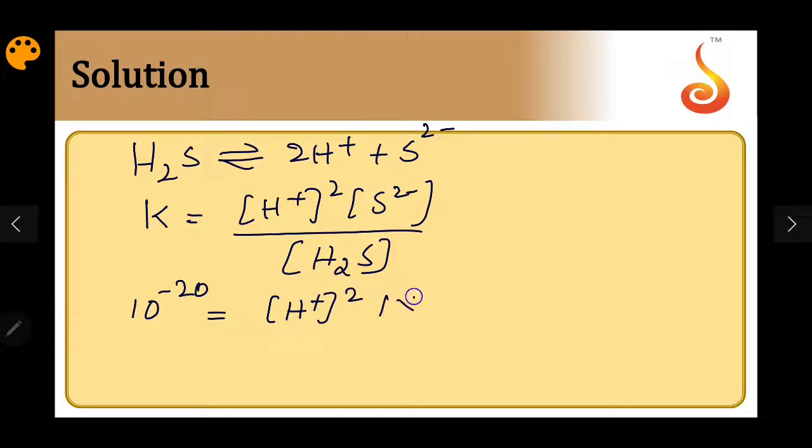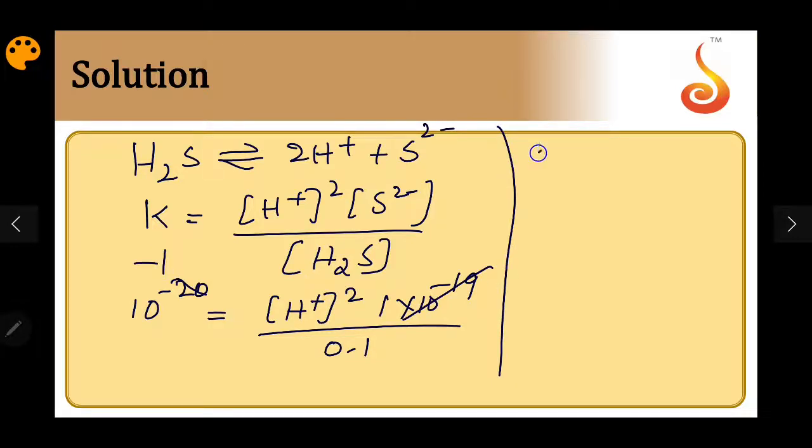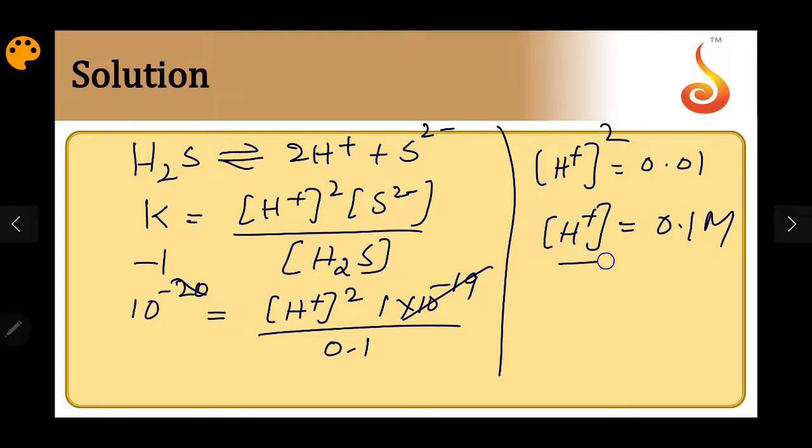Sulfide I calculated as 1 × 10 power minus 19, H2S is going to be 0.1. So 19 gets cancelled, this becomes minus 1, 0.1. So I get H+ ion square is equal to 0.01, or H+ is equal to square root of 0.01, which is 0.1 molar. So pH is equal to 1.